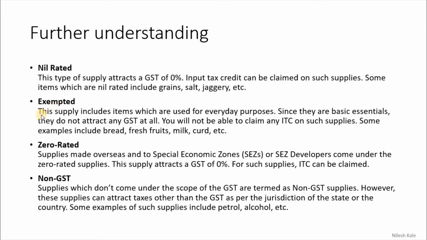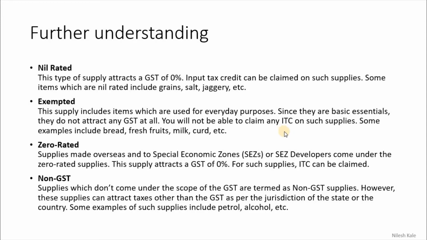Exempted supplies. This supply includes items which are used for everyday purposes, because in the previous video we have seen the items of public interest are generally exempted by the government. Since they are basic essentials, they do not attract GST at all. You will not be able to claim any ITC on such supplies because they are directly consumer goods.